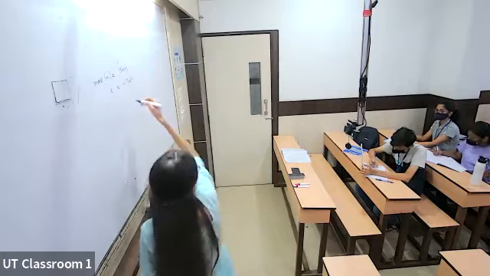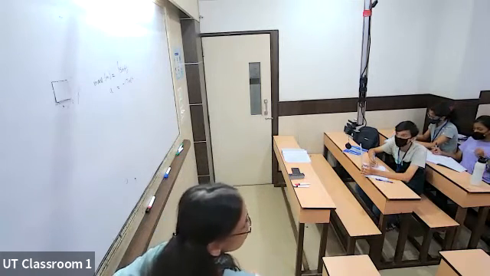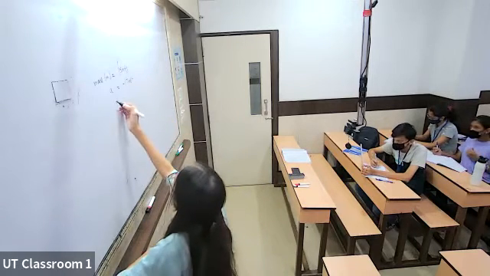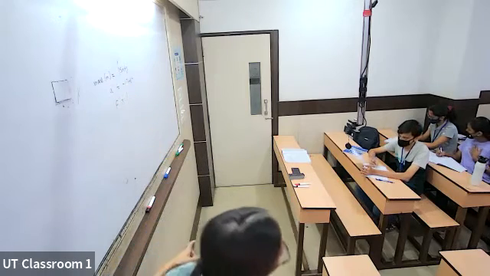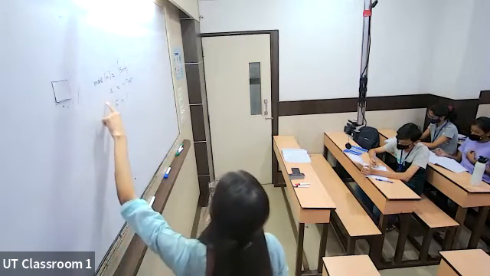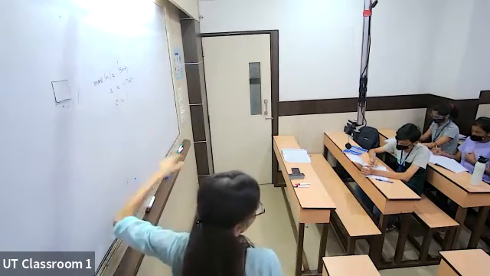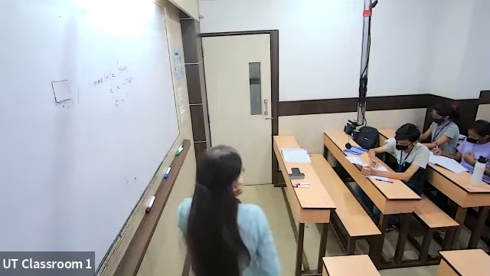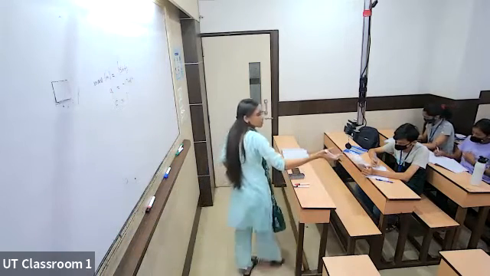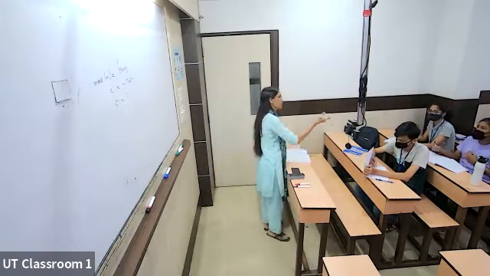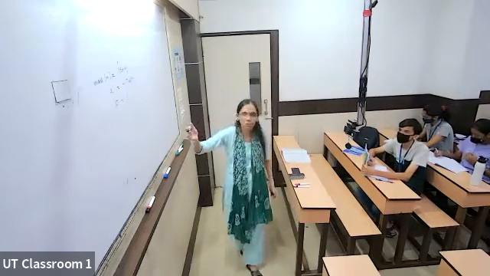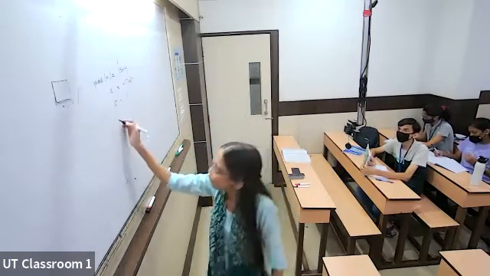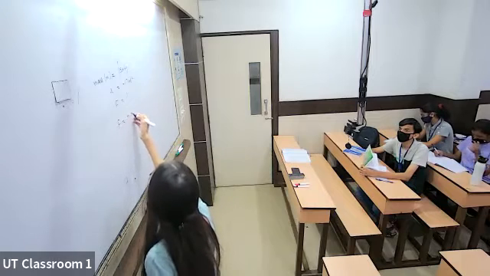Can you tell me what are they asking you to find? Force. So always write the given information. At times question पढ़ के समझ नहीं आता, but once you put the information आपको समझ आ जाएगा कि आपको क्या यूज करना है. What formula will you use? F is equal to ma. ठीक है, मेरे पास मास भी, मेरे पास एक्सेलरेशन भी है, मुझे सिर्फ फोर्स ढूंढना है. So force is given by what? ma.